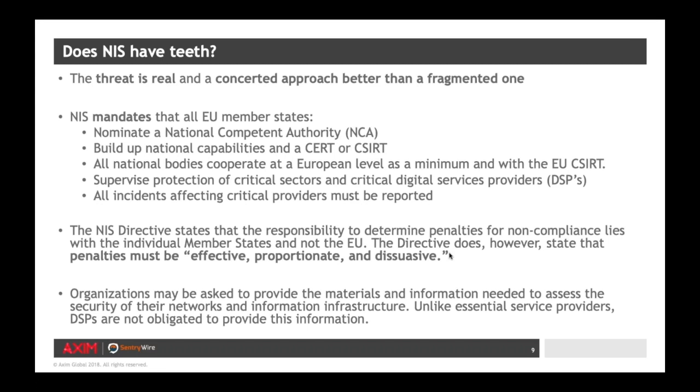And as I said, they will also have to report all of the incidents, which will help the authorities understand to what extent those efforts and measures are sufficient, and what the threat level actually is. And that coordination can then help ensure that there's a less fast spread of effects from a cybersecurity threat. So does the NIS Directive have teeth?